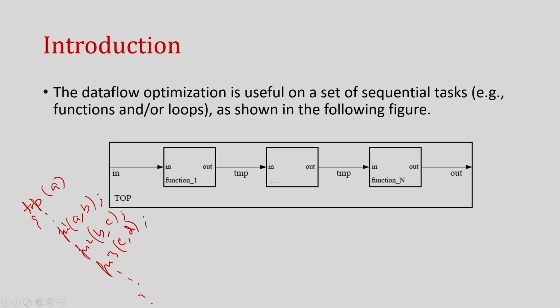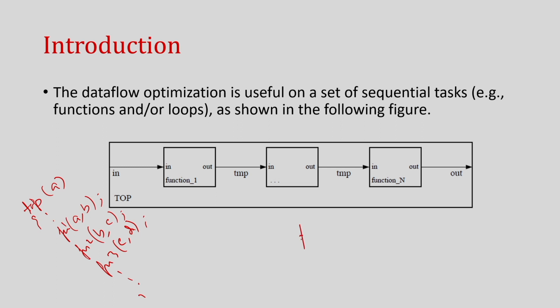So, in this case, function 1 is consuming something and producing something, and then function 2 is consuming the data produced by function 1 and producing C, which is consumed by function 3, producing D, right. So, there is a producer consumer relation, right.